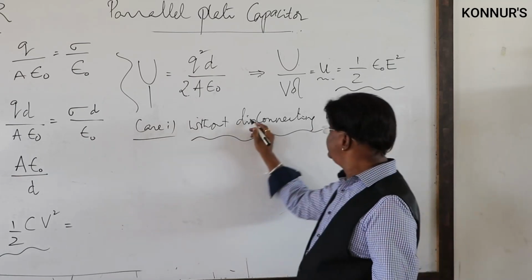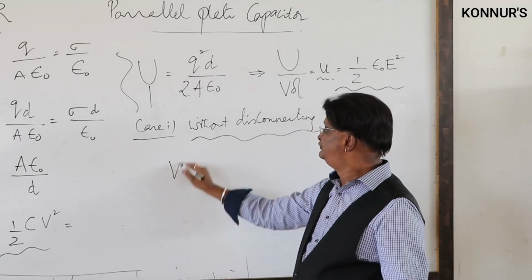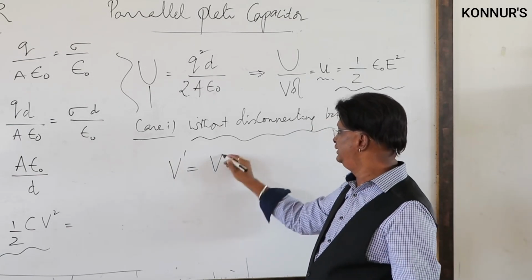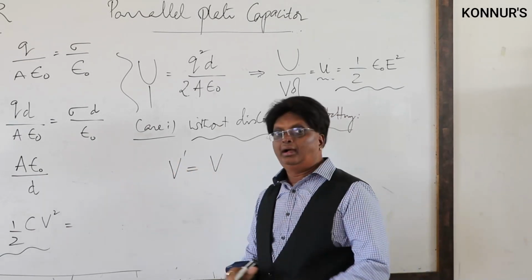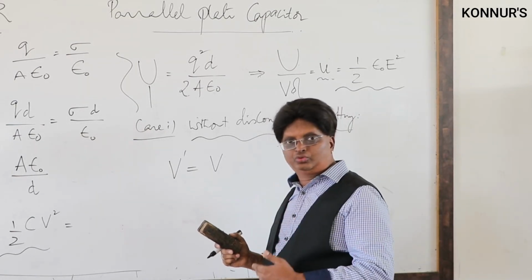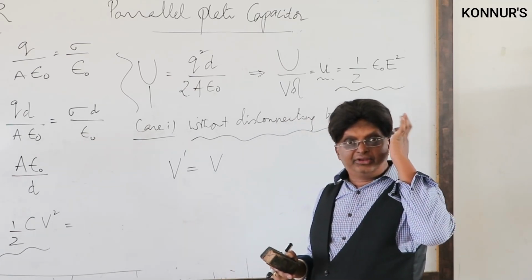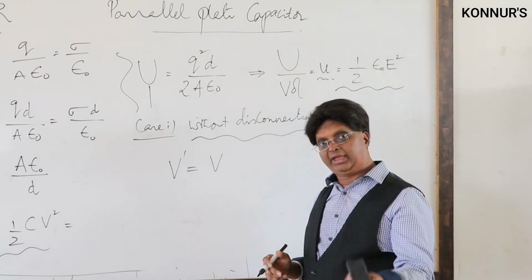In this case, since the battery is not disconnected, what happens? V dash will be same as V. I am using all initial values as V, E, C, U, and after introducing the dielectric, I am using the same with primes.